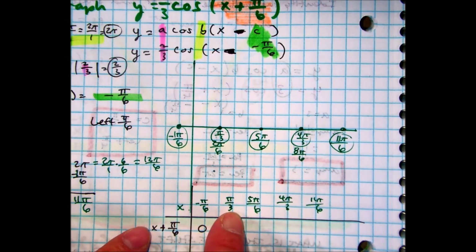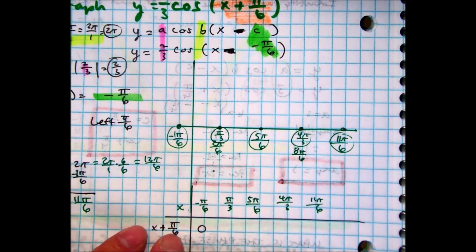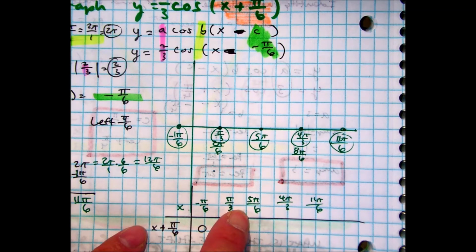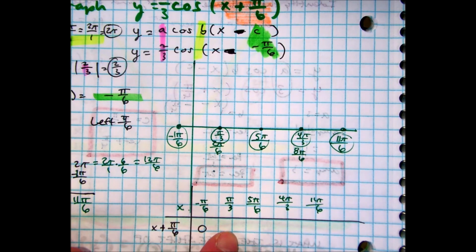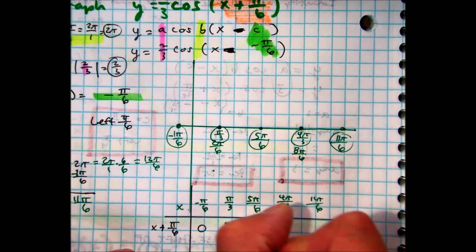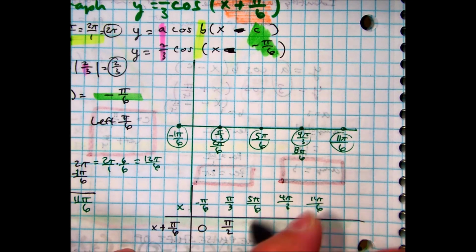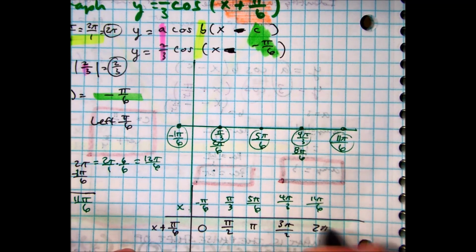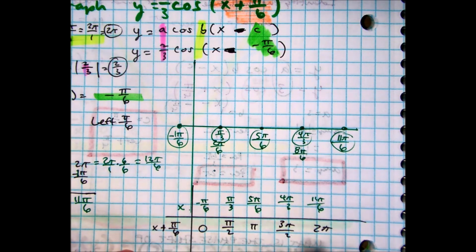Pi over 3, which is 2 pi over 6, plus 1 pi over 6, you get 3 pi over 6. And 3 pi over 6 reduces to? Oh, do we recognize a pattern? What do these become? 5 plus 1, 6. 6 pi over 6 is pi. Everyone say always quadrantal. You always come back to the quadrantal angles.